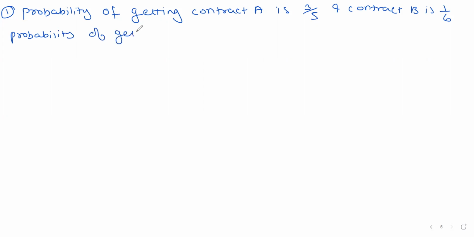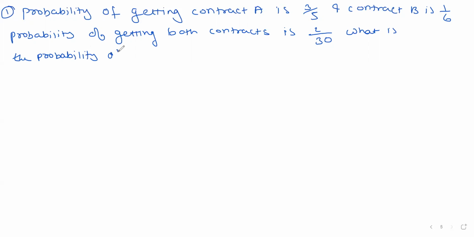Probability of getting both contract is 2/30. What is the probability of getting at least one contract.